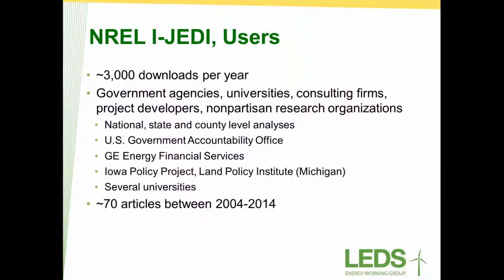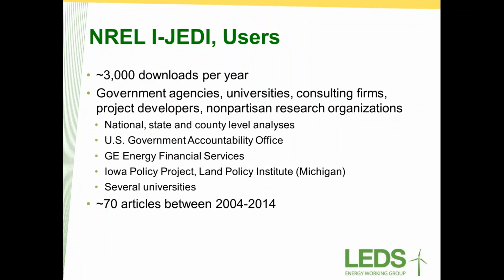And we found that the main users include government agencies, universities, consulting firms, project developers, and other research organizations. For example, project developers may use it to ask for a grant if the grant requires showing the social impacts that a project could have on the economy.